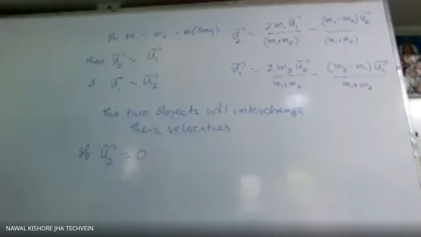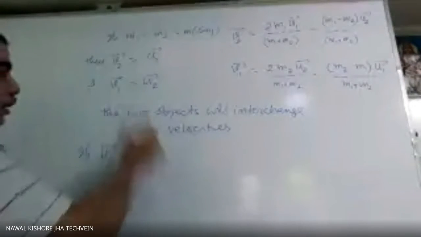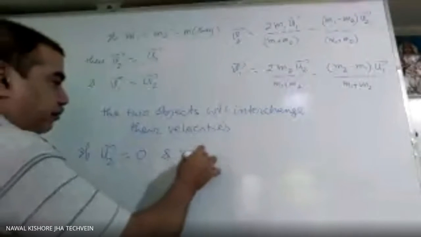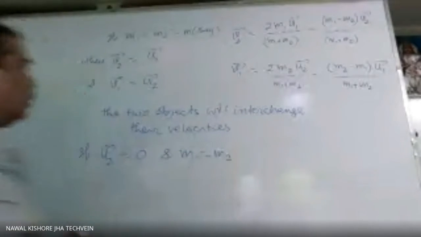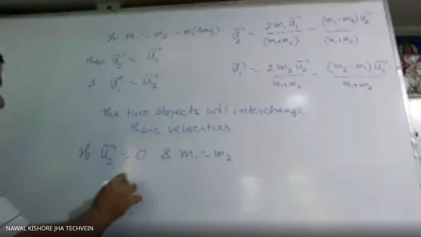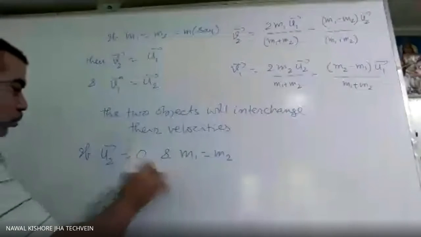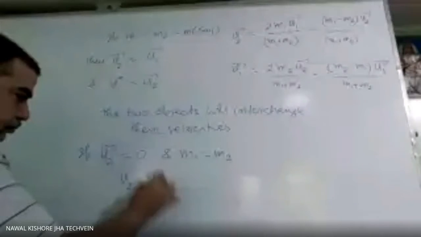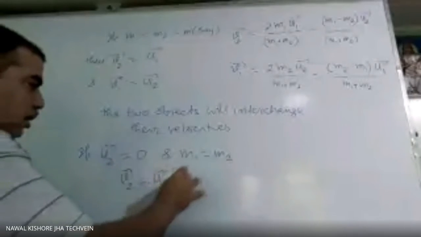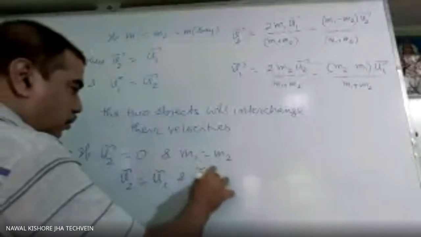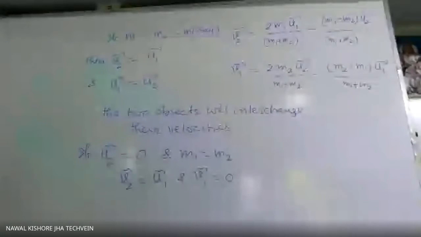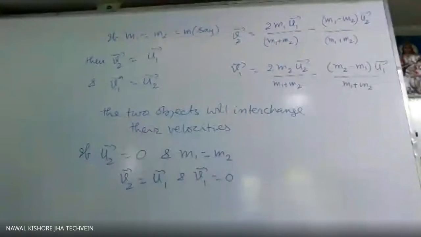If U2 becomes 0, and the mass is the same, then this V2 will become equal to U1 and V1 will become 0. That is, after collision, the first object will come to rest and the second will start moving with whatever the velocity of the first object was.